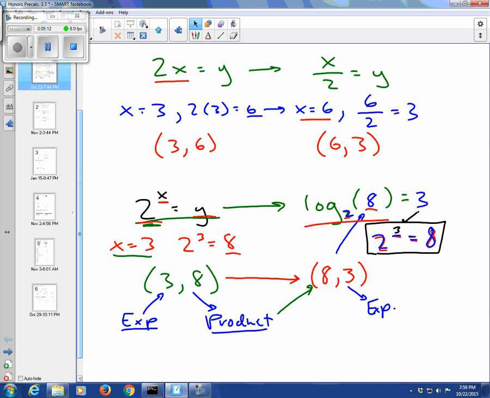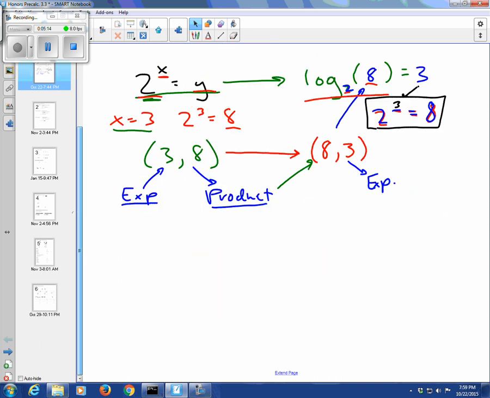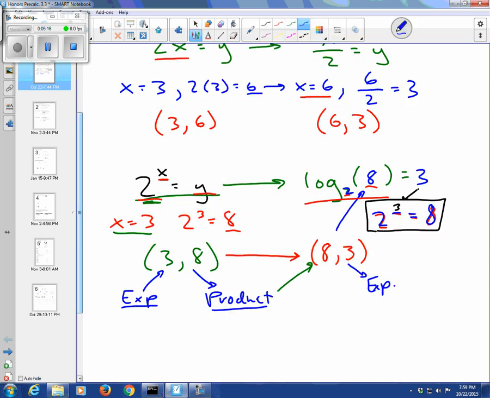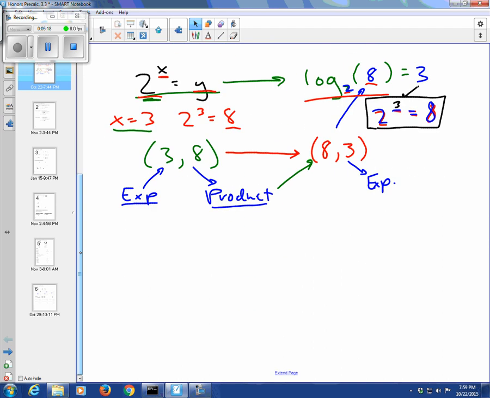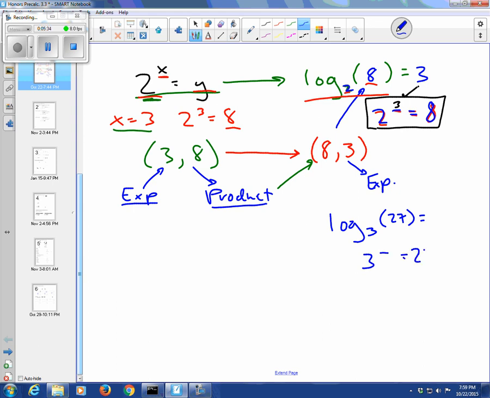So right here, if we're looking at, say, log base 3 of something like 27, we want to remind ourselves that what the logarithm is saying is, what do I need to raise that 3 to in order to get an output of 27?